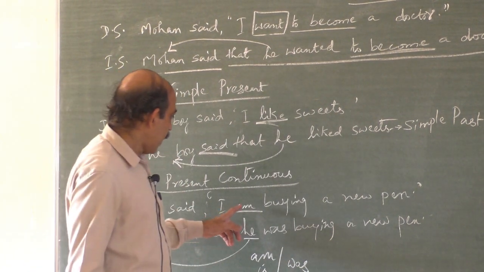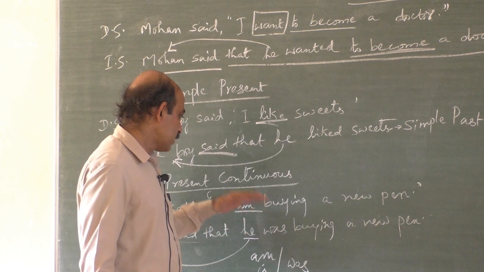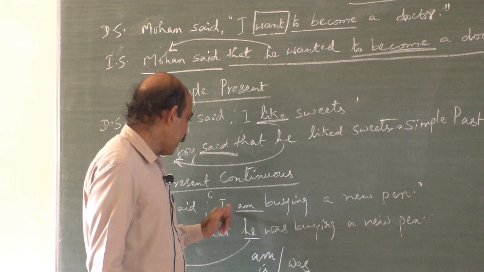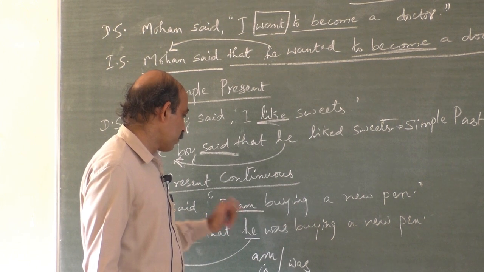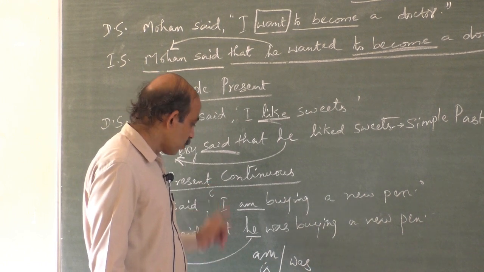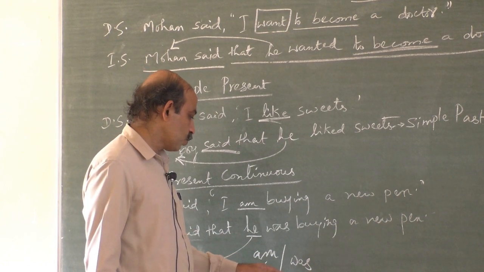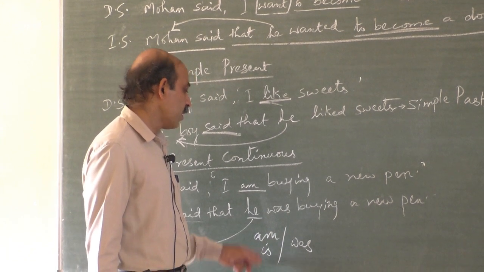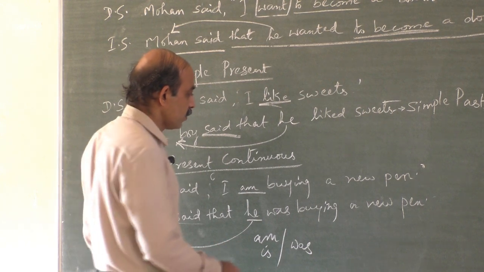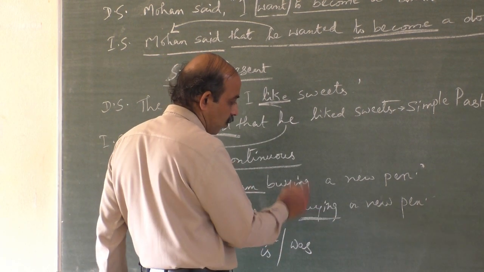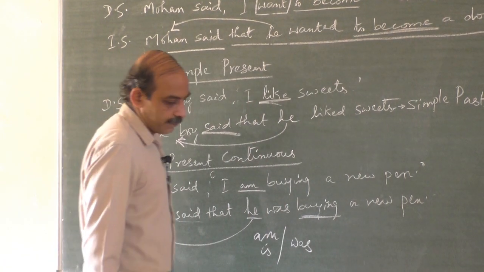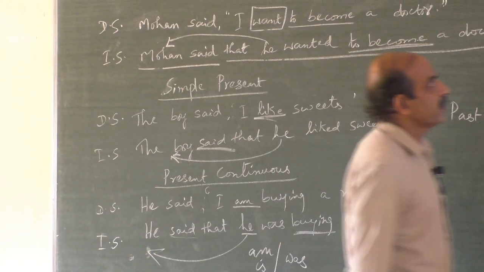I am buying a new pen, here the I takes am as the helping verb, but when it goes to past, all the singular subjects, including I, take was as the helping verb. And this is the present participle form, the ing form: a new pen, present continuous tense. Now next is present perfect.